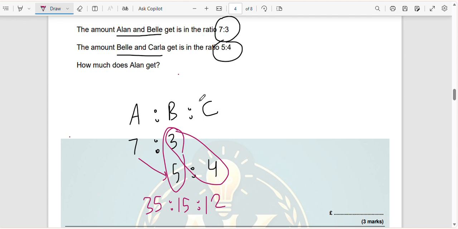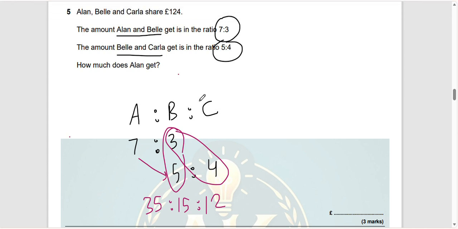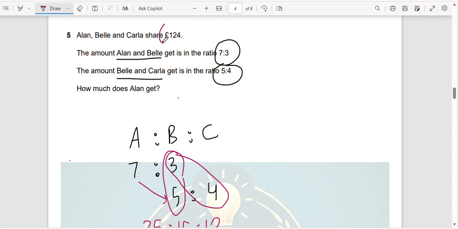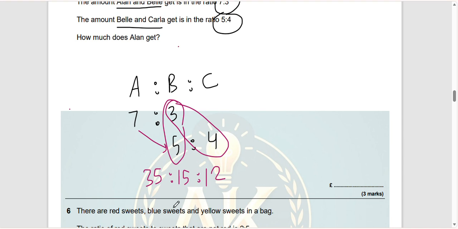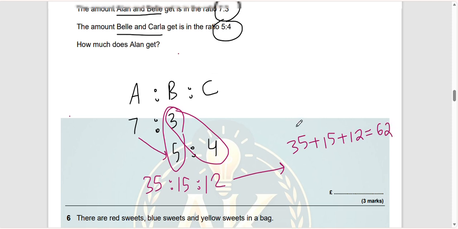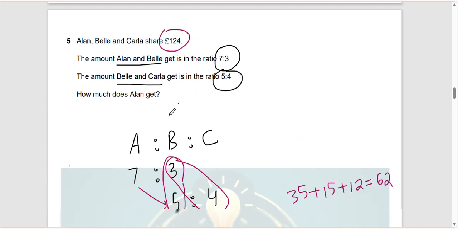Okay, mind you kids, there's one tricky point: he said they share 124 pounds in total. Because I got my simplified answer, if you add up 35 plus 15 plus 12, I'm getting 62, but they share 124 pounds.